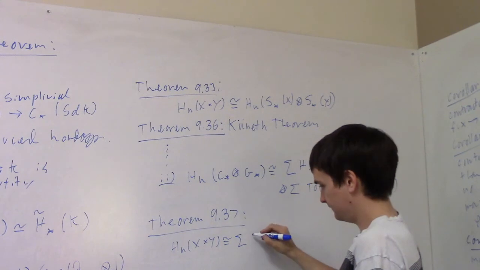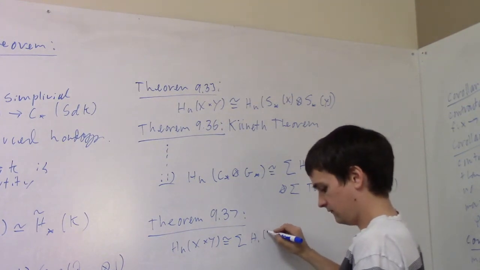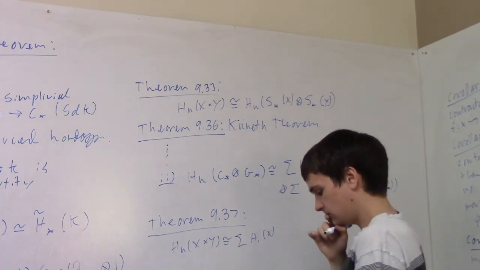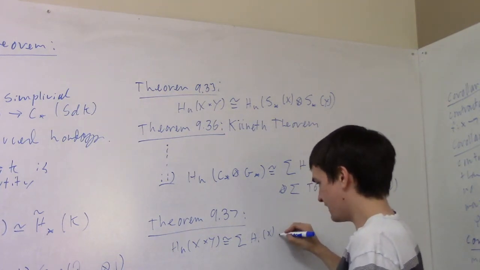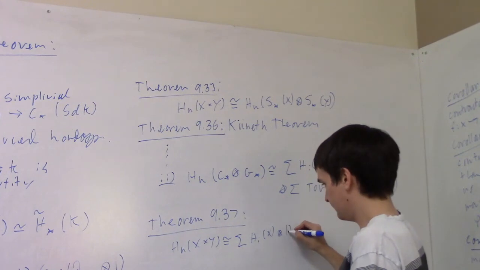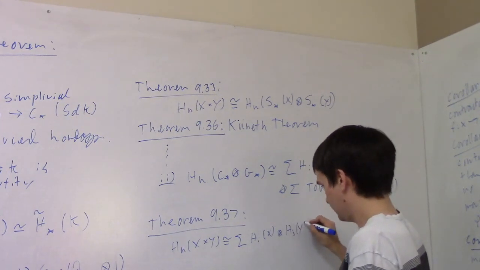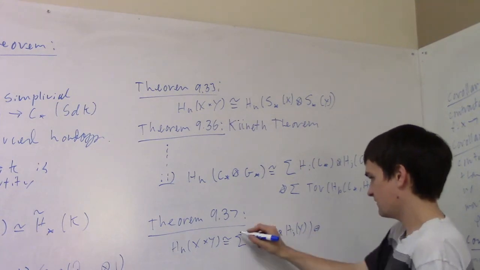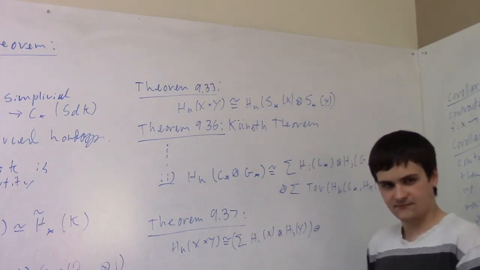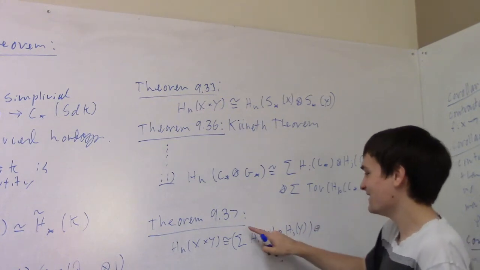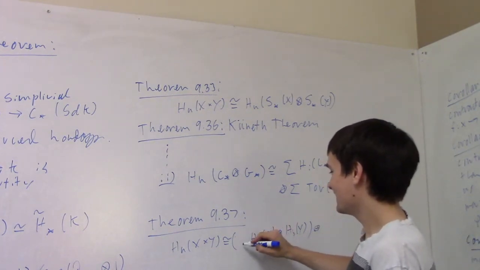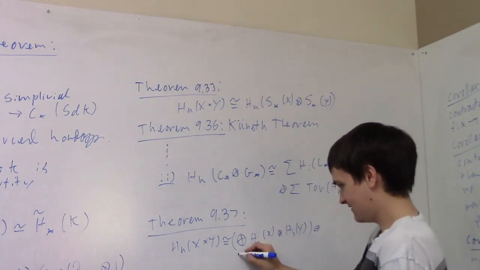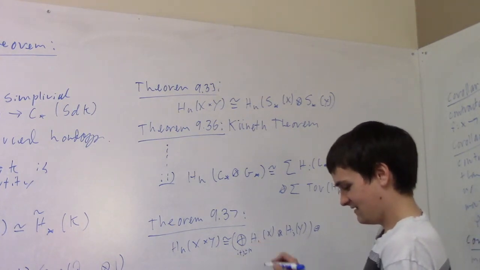In another book you might see this written as a big plus circle, i plus j equals n, Hi of X tensor Hj of Y. His use of summation for direct summation is something he has recanted in his later years; in more recent books he uses the big plus circle.